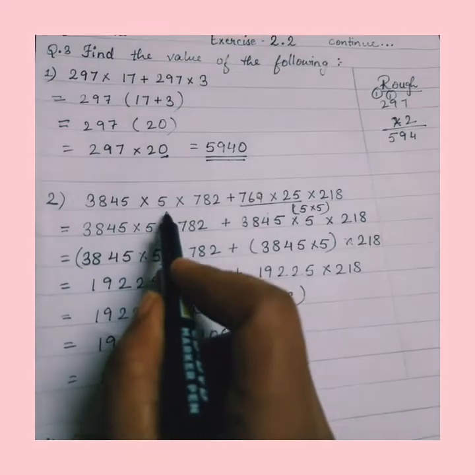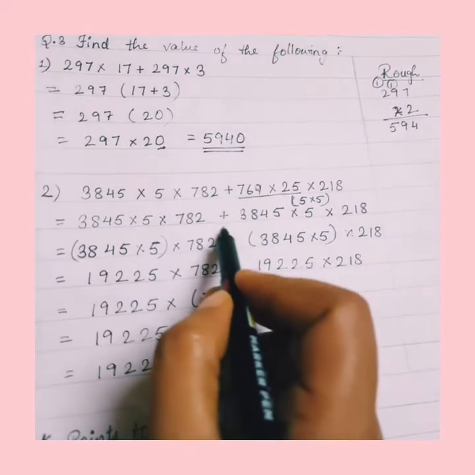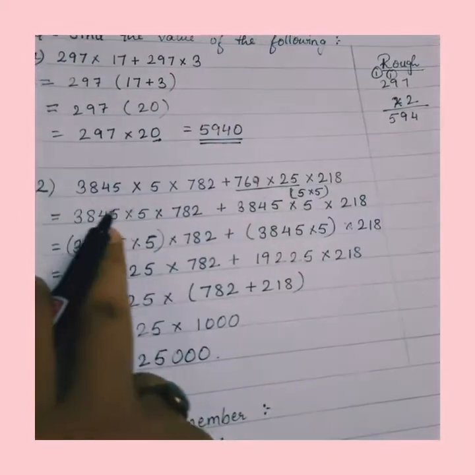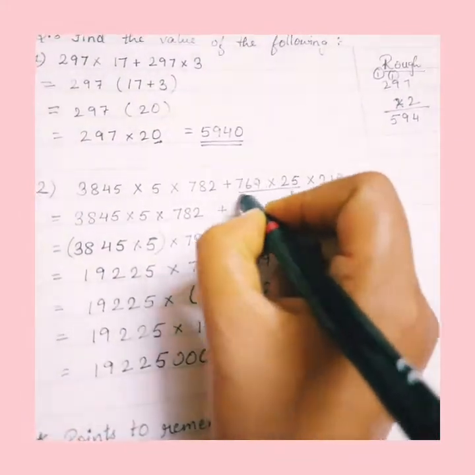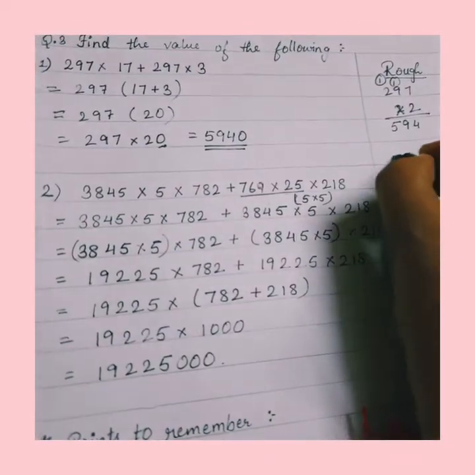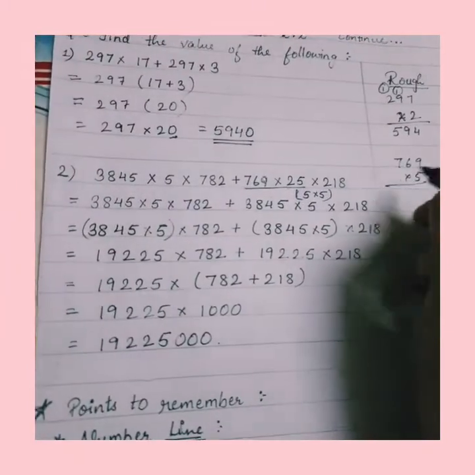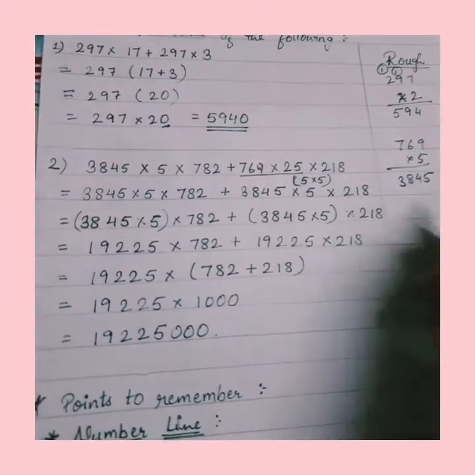3845 copied as it is, multiplied with 5, multiplied with 782, plus, to bring this common number, I have multiplied 769 with 5 and I am getting here 3845.